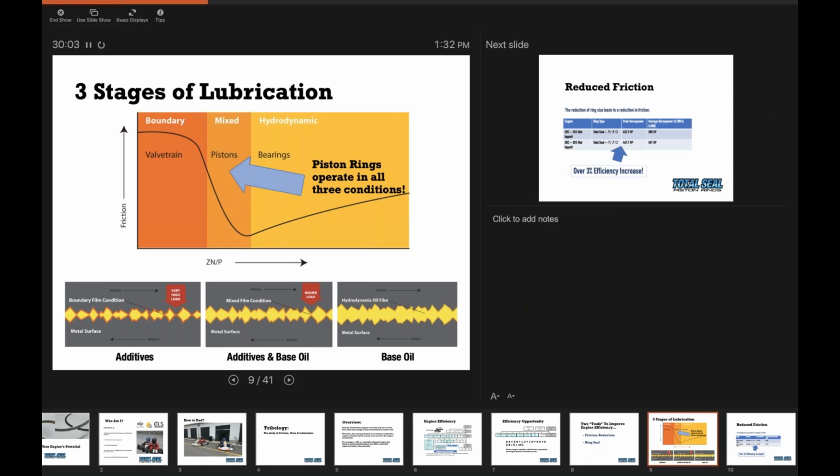There's an article in Engine Professional magazine where I did all the math, and I think it's coming out in the 3rd quarter issue, where we calculated all the speeds and listed this out so you can kind of get an understanding of it. But that mid-stroke, that's your highest surface speed of the piston ring and the piston itself. In that condition, that piston ring, it's a ski, right? It's operating in hydrodynamic, full film condition.